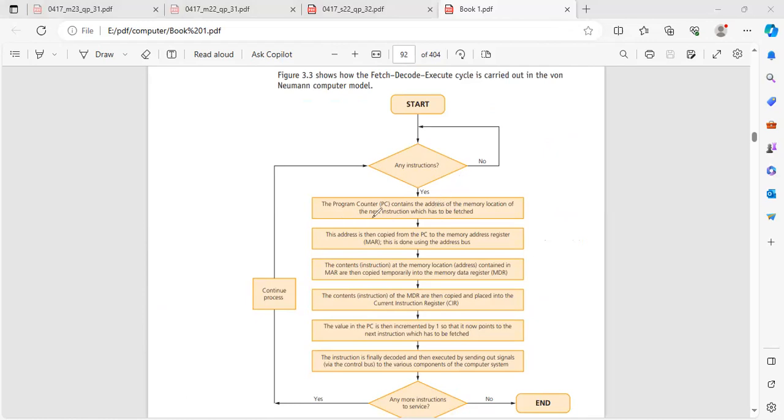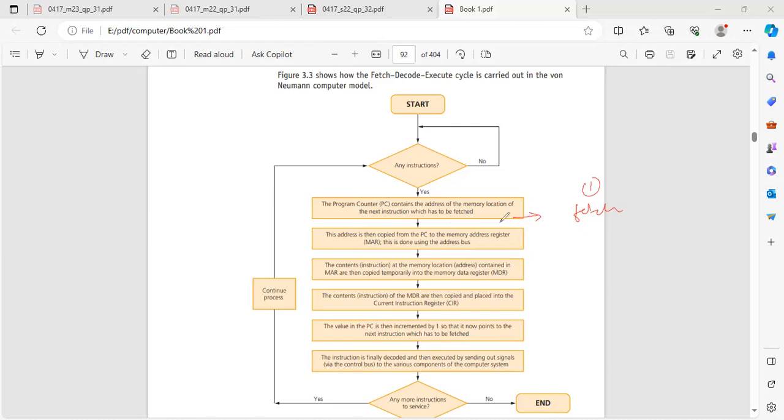Yes. The program counter contains the address of the memory location of the next instruction which has to be fetched, as I told you. So fetch is the first stage. Getting an instruction from memory is called fetch. This is the first step. The program counter contains the address of the memory location of the next instruction which has to be fetched.